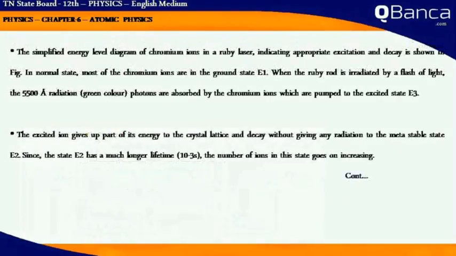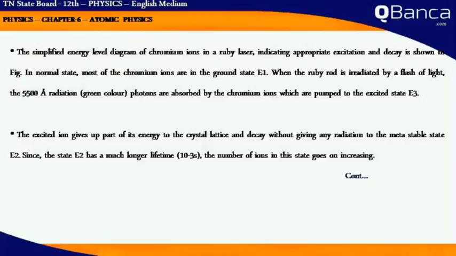The simplified energy level diagram of chromium ions in a ruby laser indicating appropriate excitation and decay is shown here. In the normal state, most of the chromium ions are in the ground state E1.